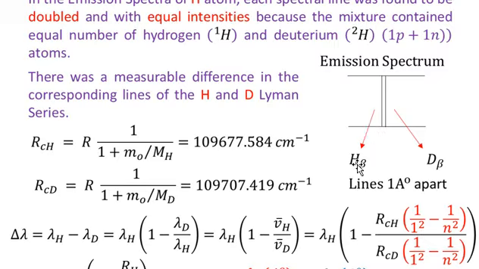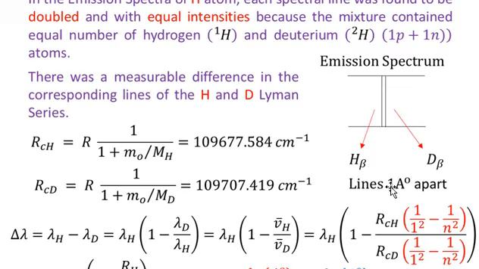One line is the H beta line, the other one is the D beta line.